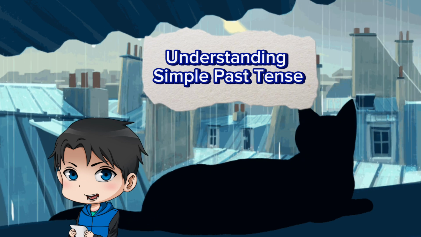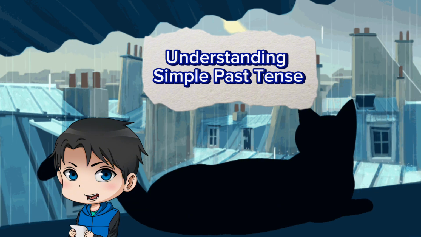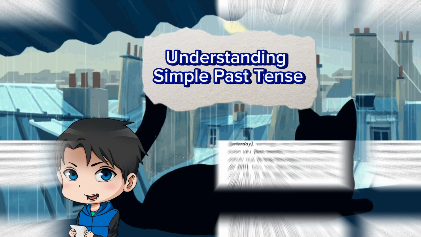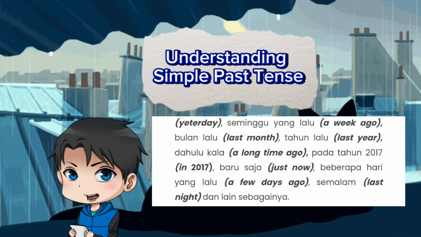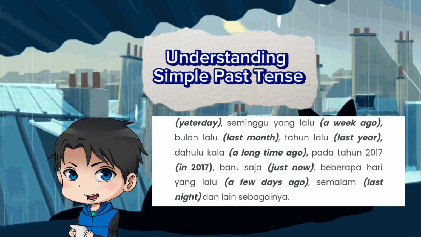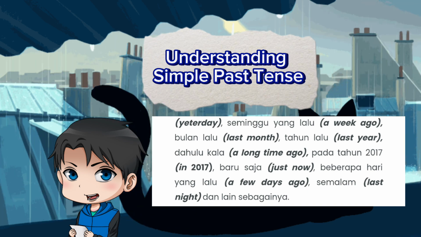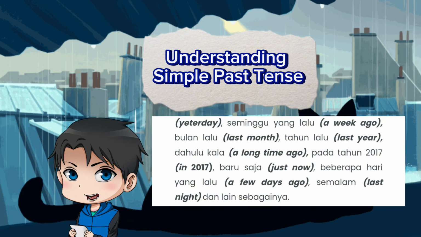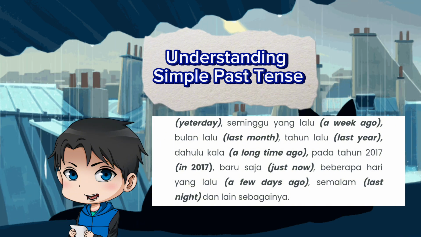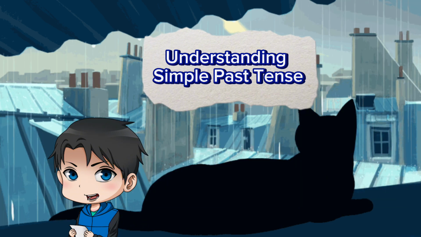Usually, the simple past tense structure is marked with the adverbs yesterday, a week ago, last month, last year, a long time ago, in 2070, just now, a few days ago, last night, and so on.